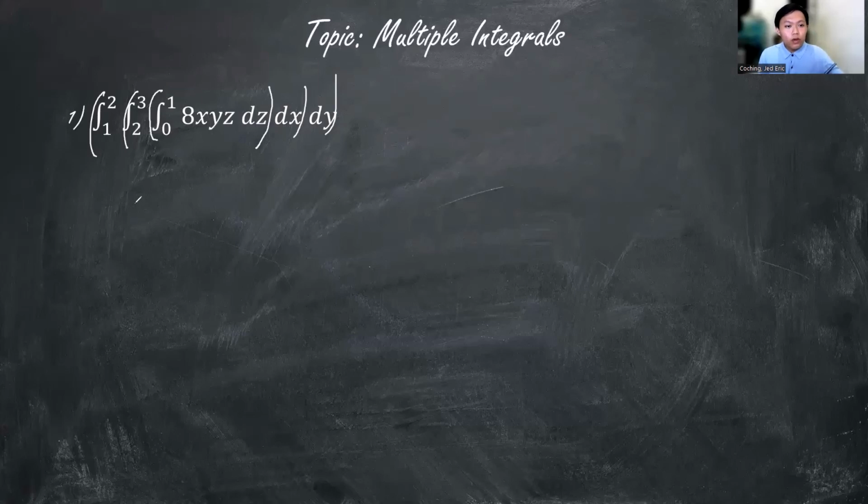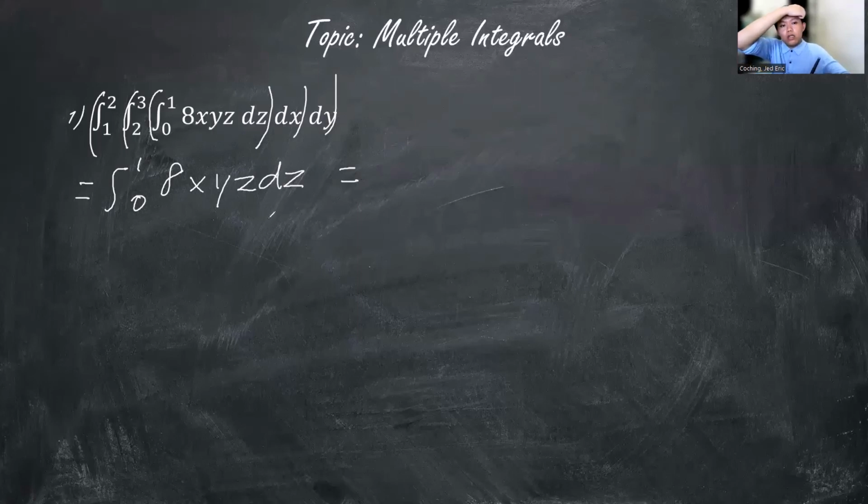So first we can solve 8xyz dz here. And if we integrate that, as it's in terms of z, this is going to be z squared divided by 2, and 8 divided by 2 is just 4.